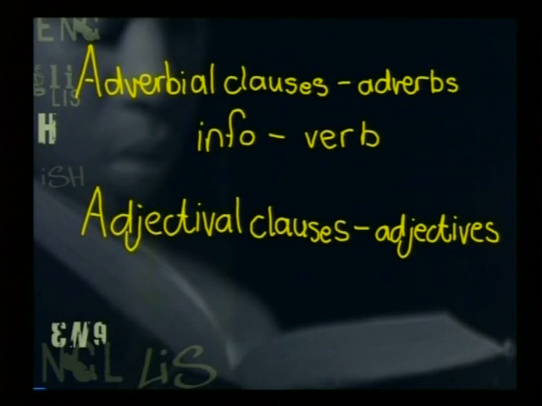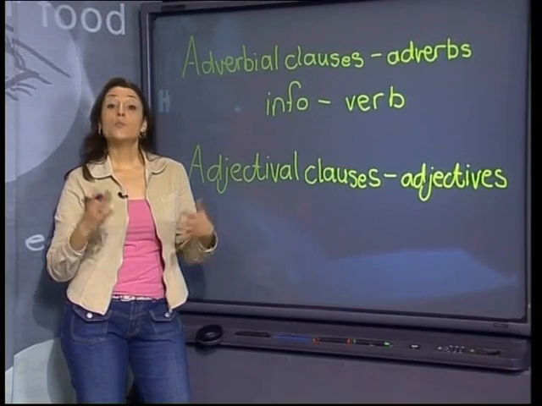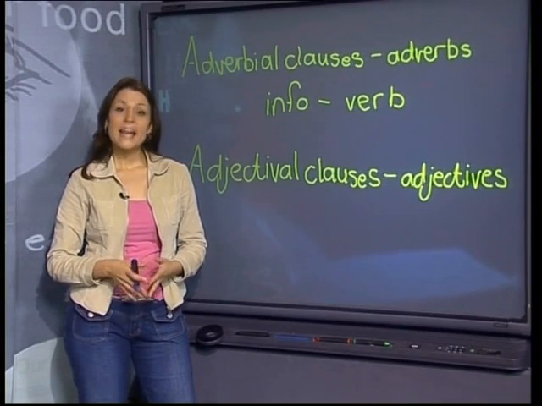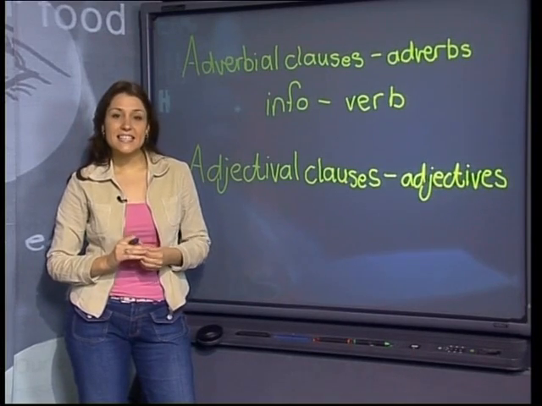But before we go on, who remembers what an adjective is? Think about this. It's a while since we talked about adjectives. An adjective is a word that gives more information about a noun. And nouns, of course, are the names for things. And what else do nouns name? People, places, objects, feelings, and ideas.